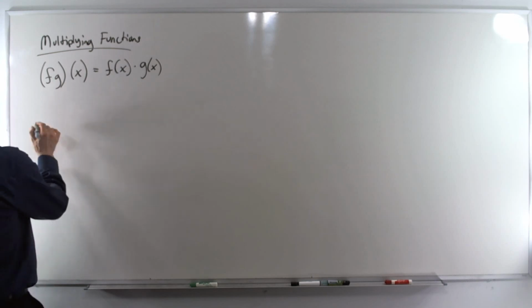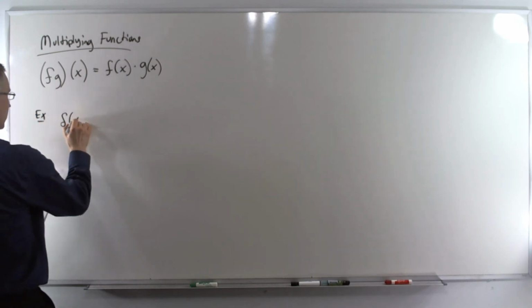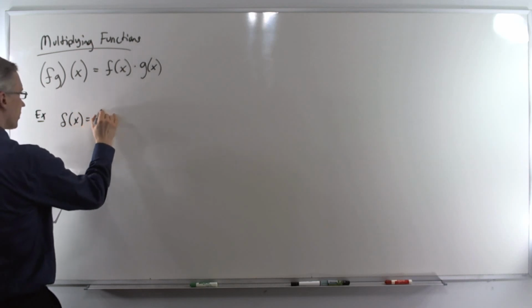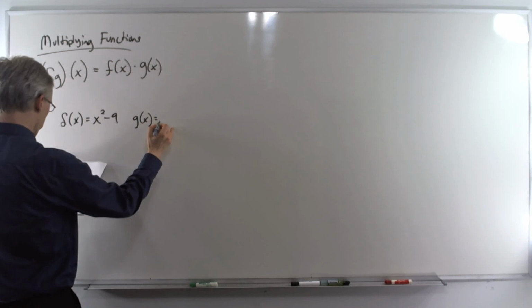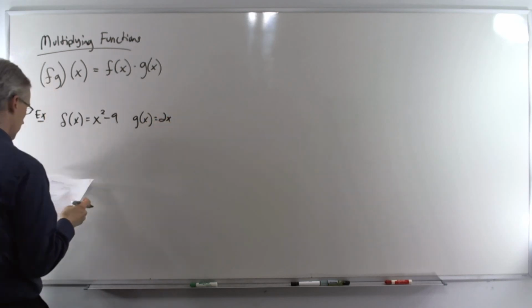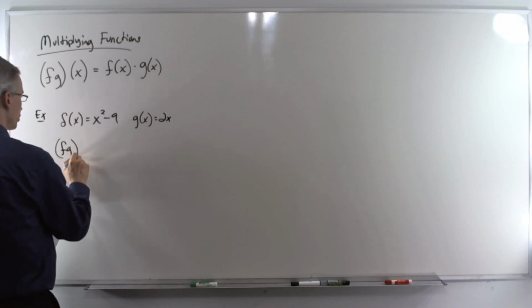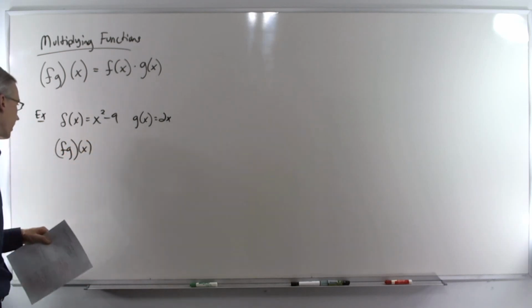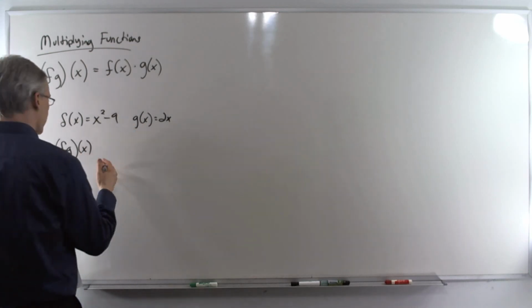All right, so example, we got f of x equals x squared minus 9, and g of x equals 2x. Now we want to find f times g of x, the combined function f times g. So we're going to multiply these two functions together.